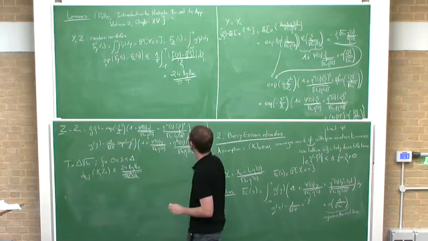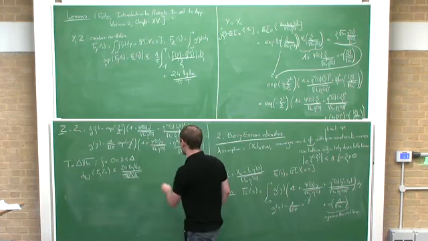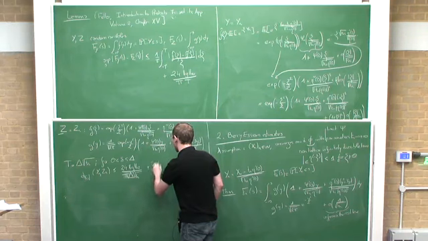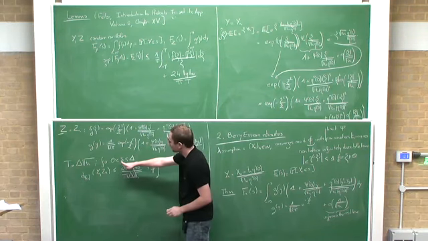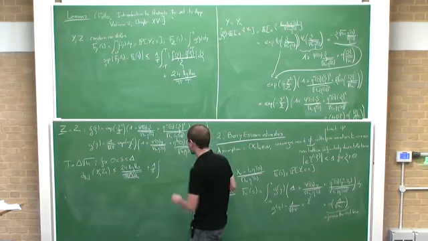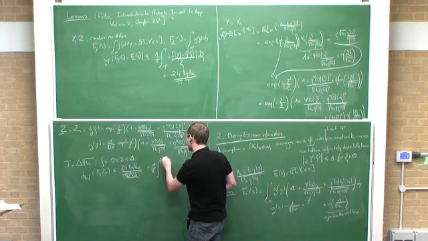Then I want to split my integral in two parts. There is 1 over phi, and I take the integral between minus small delta square root of Tn and plus small delta square root of Tn.